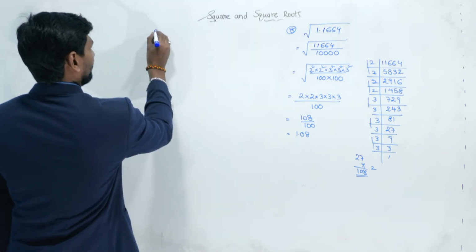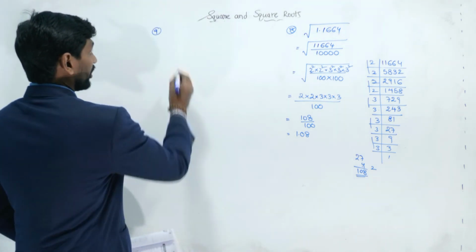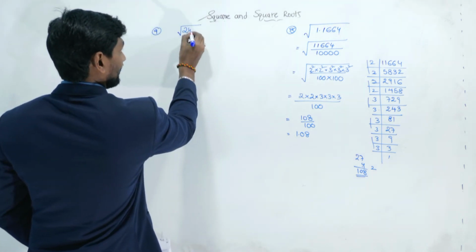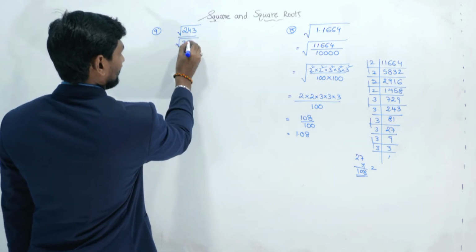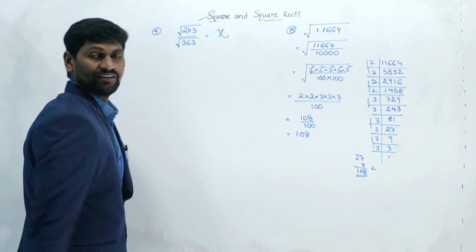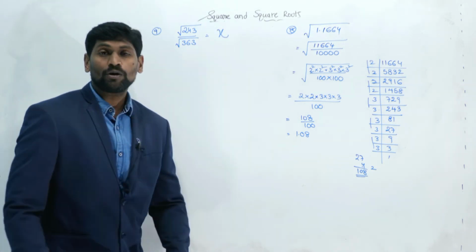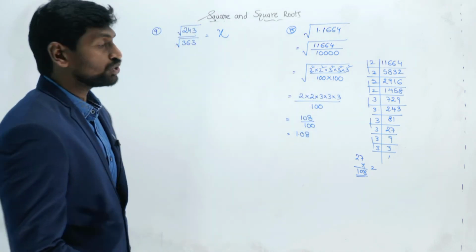Question number 9. If square root of 243 by square root of 363 is x, we need to find the value of x. By the property of square roots, root over a by root over b is nothing but root over a by b.